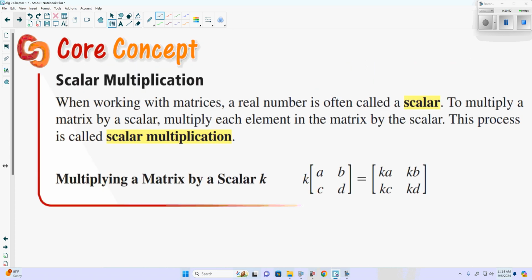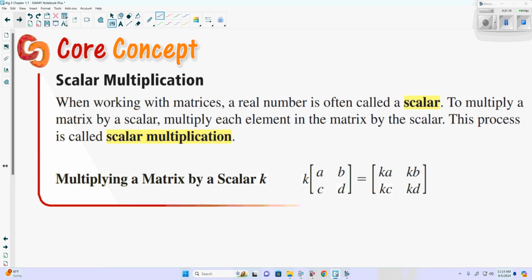So the rows and columns, the dimensions have to be the exact same. A 2 by 1 can be added with a 2 by 1. If they're not the exact same, it's not possible. Undefined. All right, guys, we ready for the next piece?